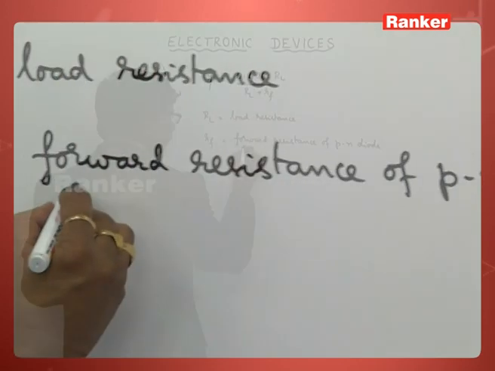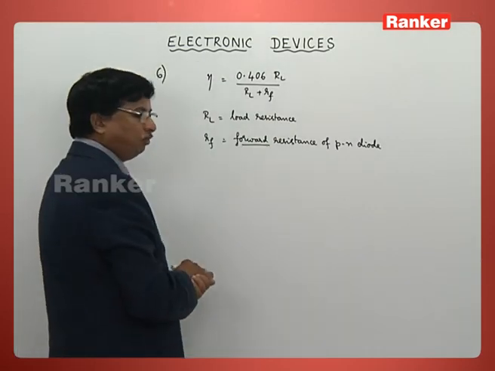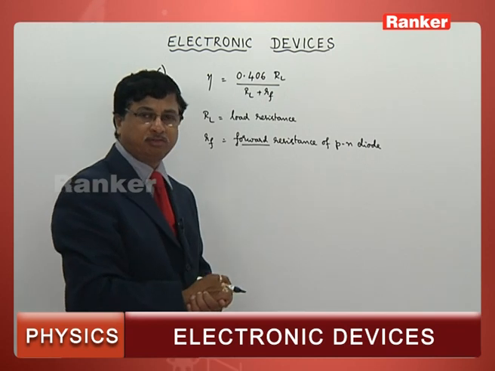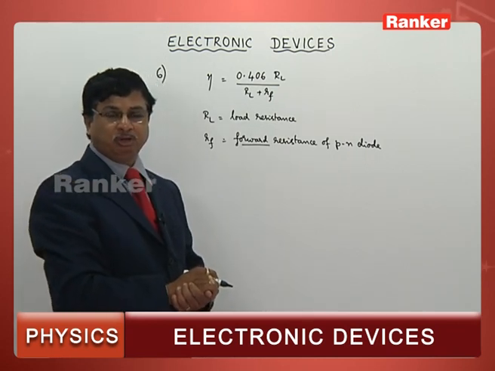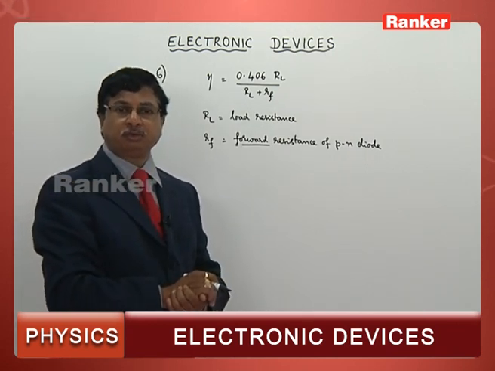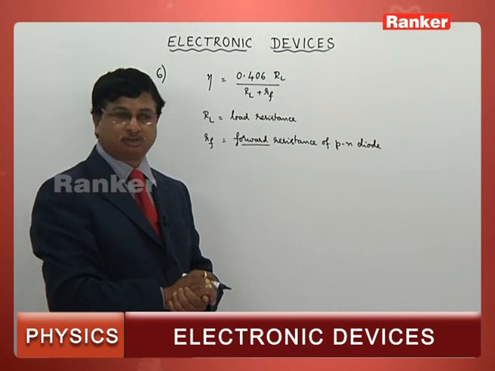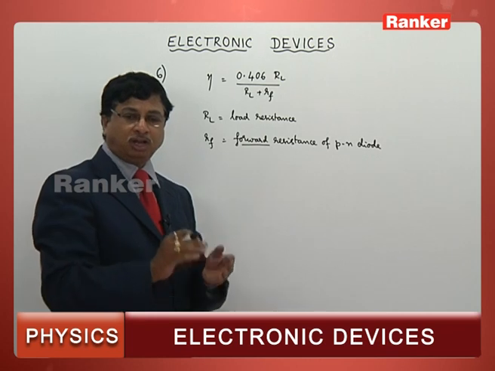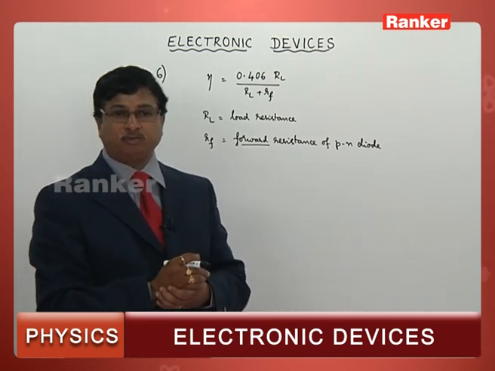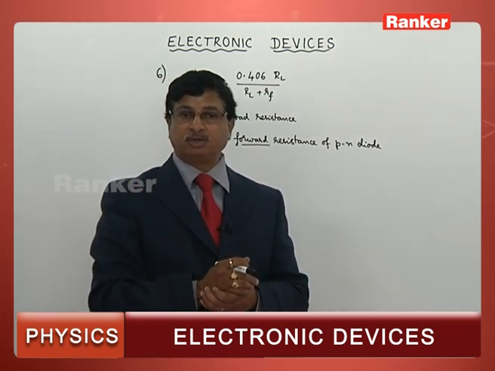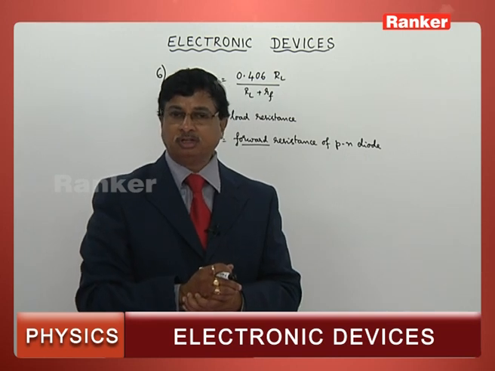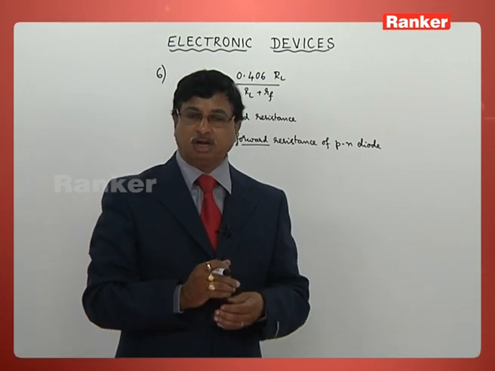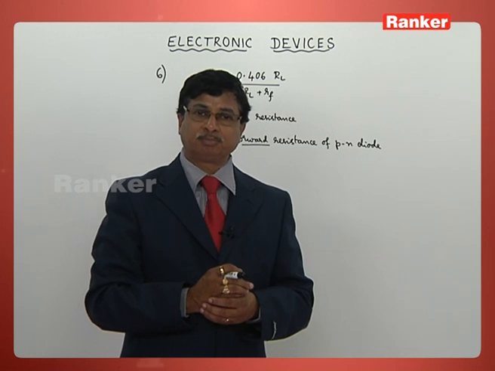Forward resistance means the resistance value of the PN junction diode when it is in forward biasing. That is what we call RF. Now what are the options given? 80.4%, second option 40.2%, third option 20%, and fourth option 50%.